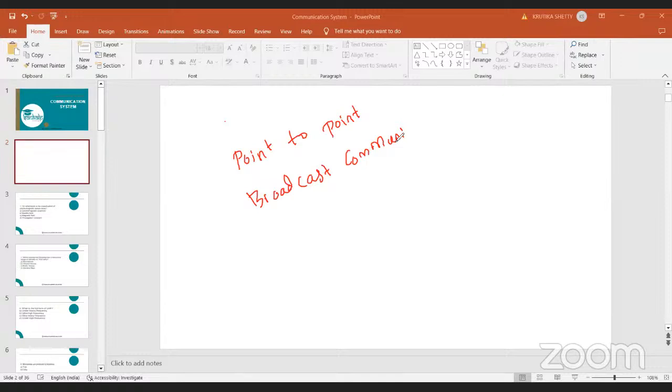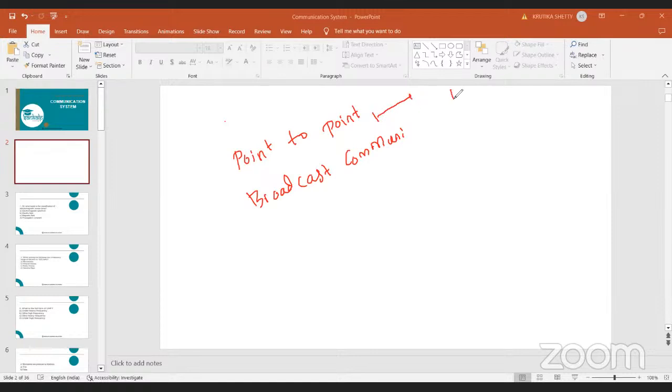Then next, point to point communication mode. What is point to point communication mode? In this mode, the message is transmitted over a link between a single transmitter and a receiver. So in one line, the message will pass.